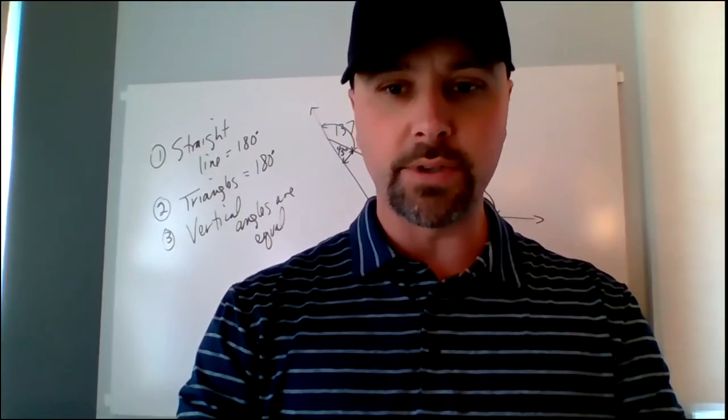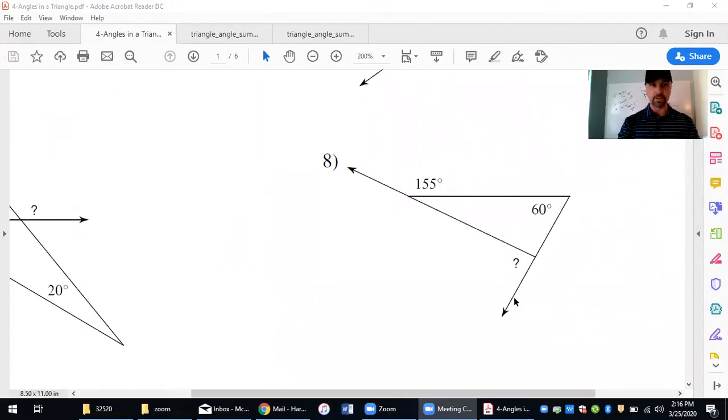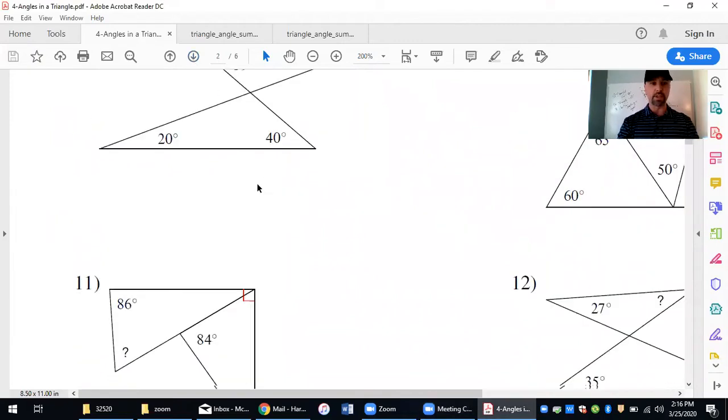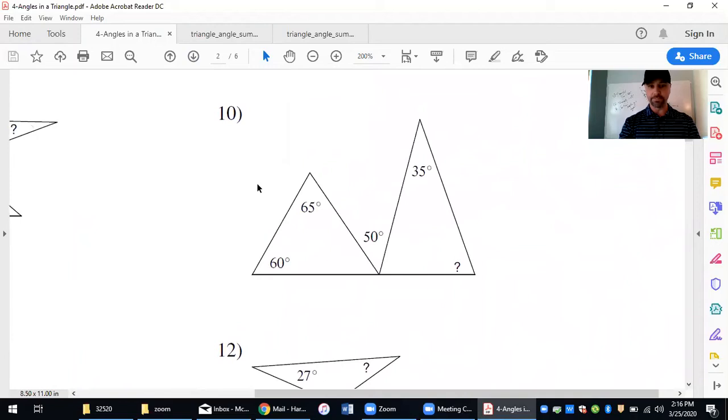So let's look at another one. These are all pretty similar. This is a worksheet that we did before we were done. So quickly, number 10.